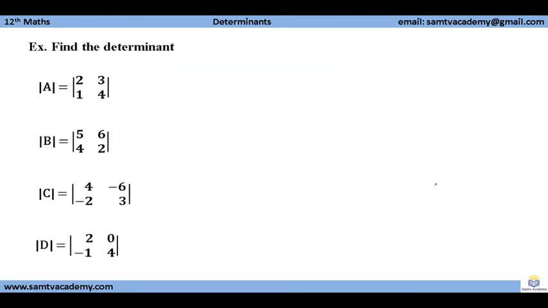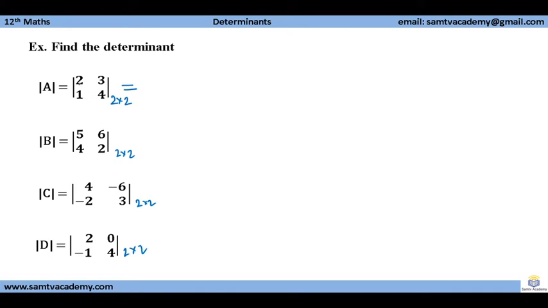Now we will see how to solve this, so that it will be clear how the determinant is found. Here all are square matrices of order 2 by 2, and a determinant gives only a single value.